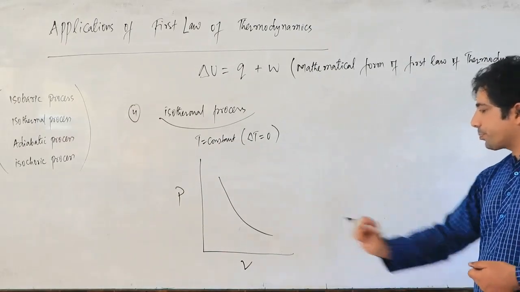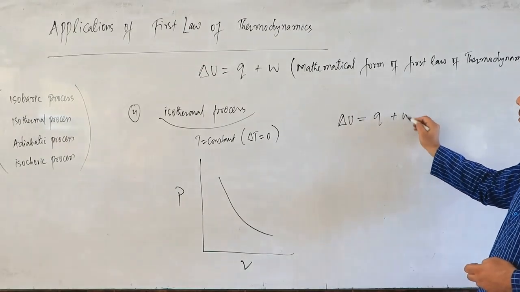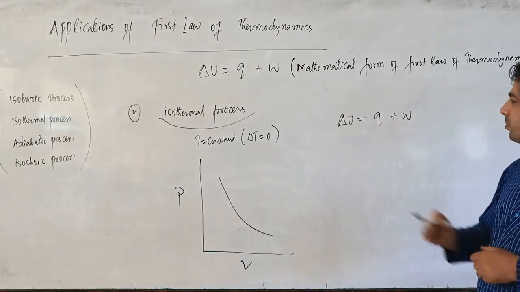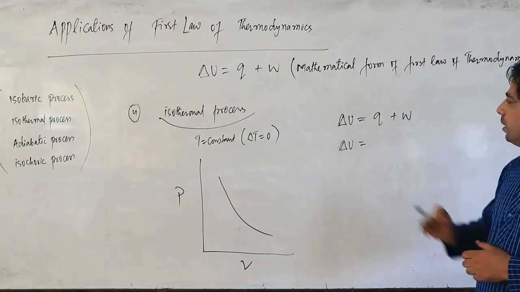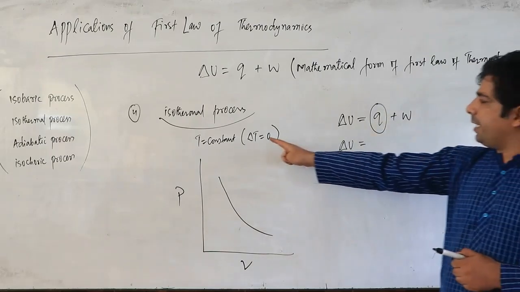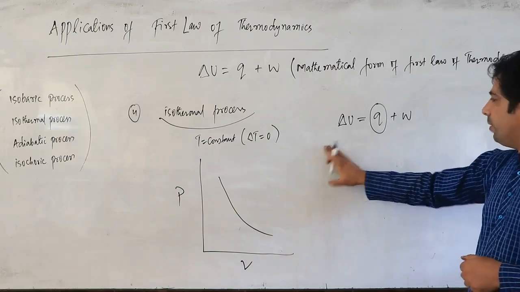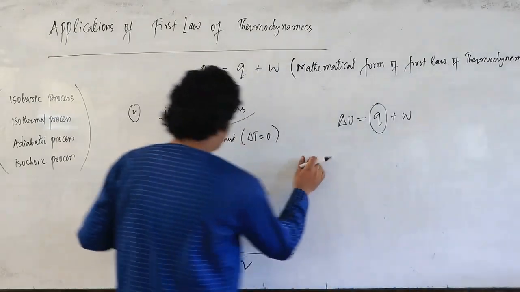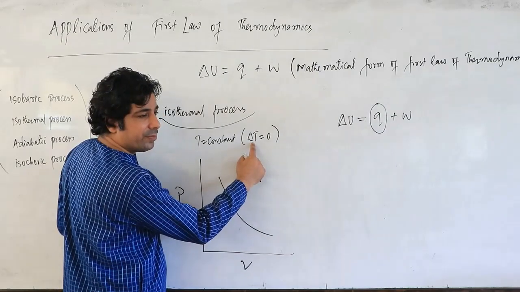Now look here. If I use delta U is equal to Q plus W, correct? Here we are just saying that delta T is equal to 0. We can relate it by one more equation here also. Have a look. When change in temperature is 0, we know that internal energy depends upon temperature.